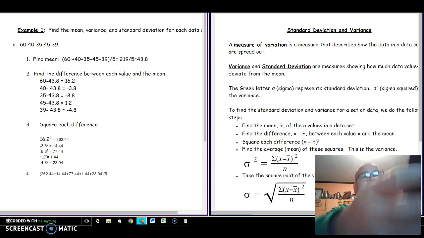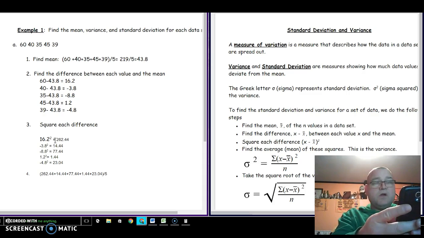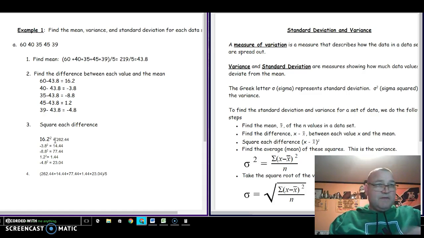So again, I'm going to pull up my calculator here. I got 262.44 plus 14.44 plus 77.44 plus 1.44 plus 23.04, divided by 5, and I get an answer of 75.76.